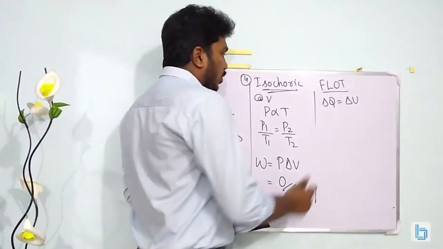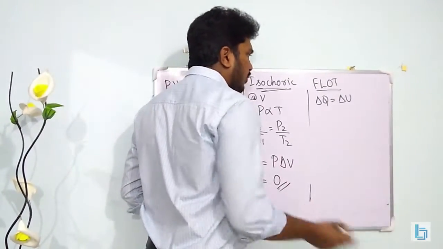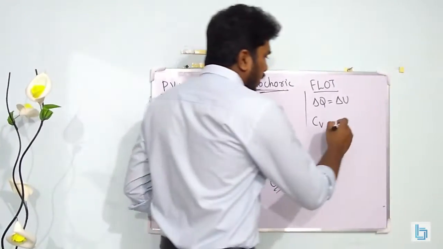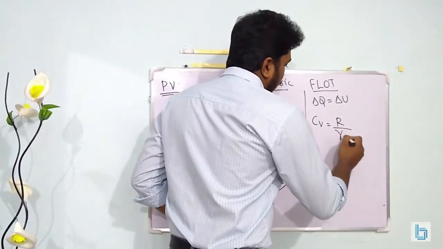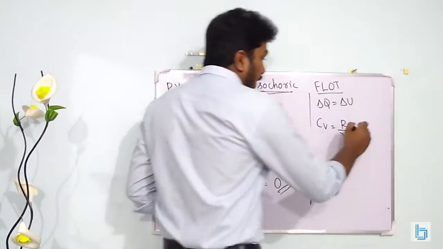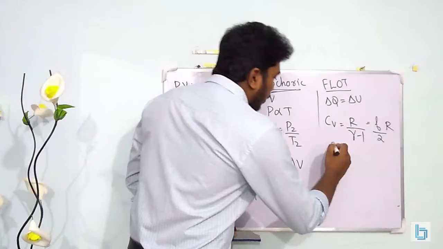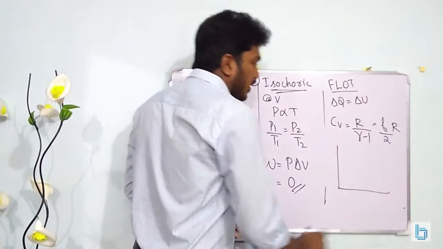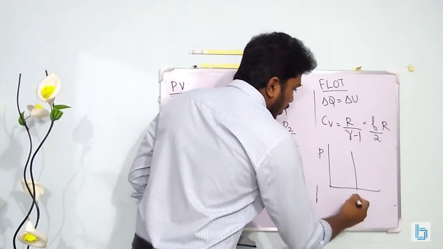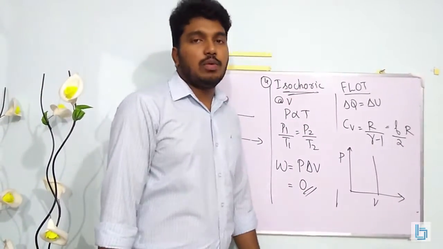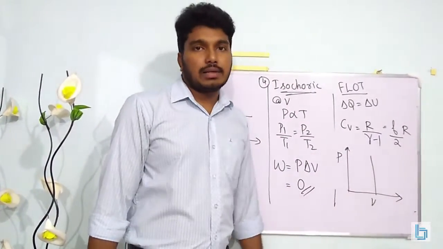Clear? And now to draw the PV indicator diagram, and before that, what is the specific heat here? CV, tell me, it is R by gamma minus 1 or F by 2 into R. Fine. And now the PV indicator diagram. Volume is a constant, so this is the diagram. The volume is remaining a constant in this PV indicator diagram.